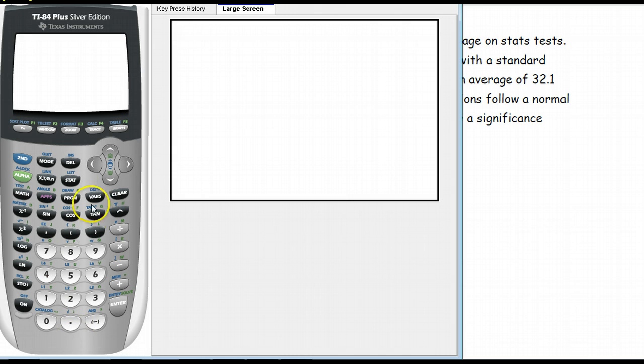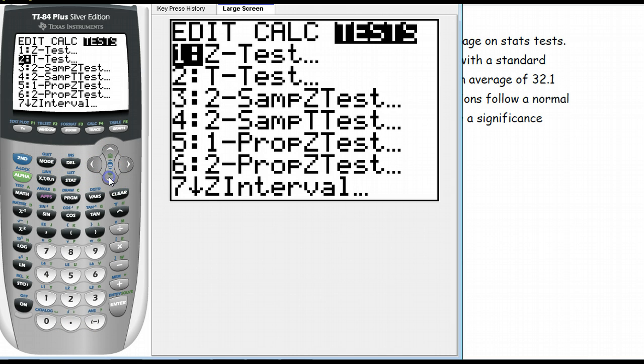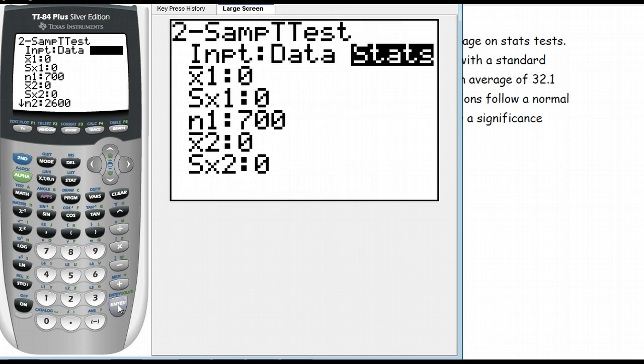All right, so on our calculators, we're going to stat, test. Here's t-test if I was doing one population. I'm doing 2 populations, so I'm down here at 2 samp t-test. I'm doing statistics, and it's x bar 1 and x bar 2, where my first one was my juniors, so let's plug in that.